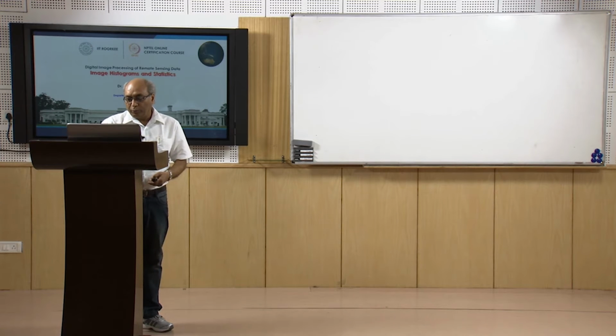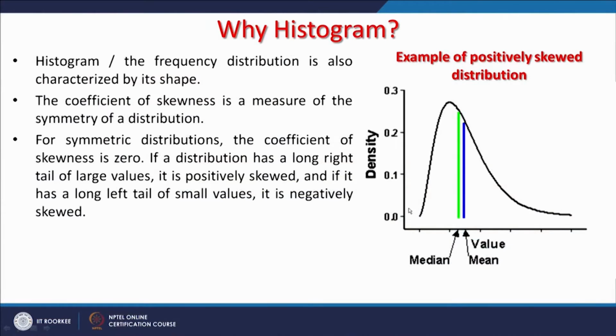In this example, this is a positively skewed distribution. That means the lower values have very high frequency, and this is not a normal distribution but a positively skewed distribution which we are seeing, and the mean and median values are very close by.